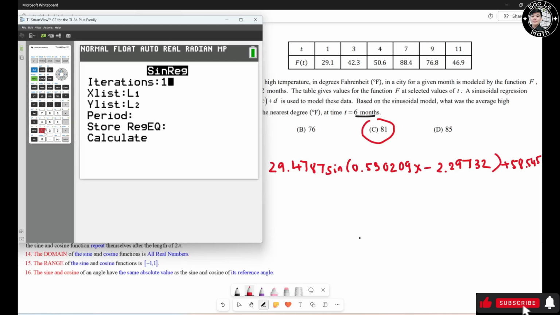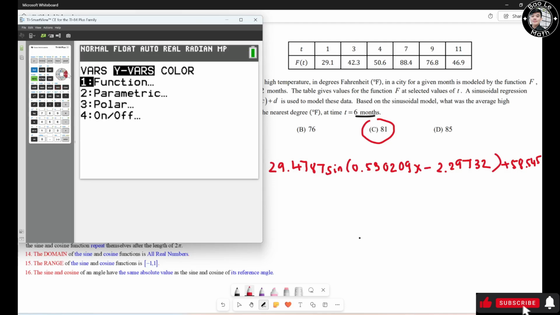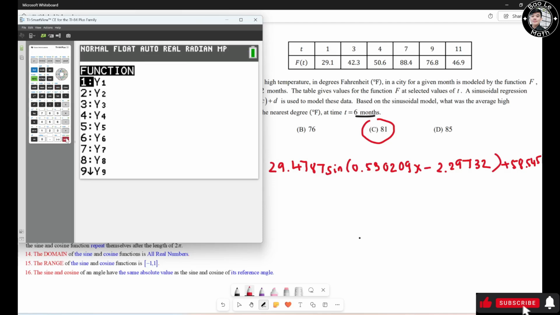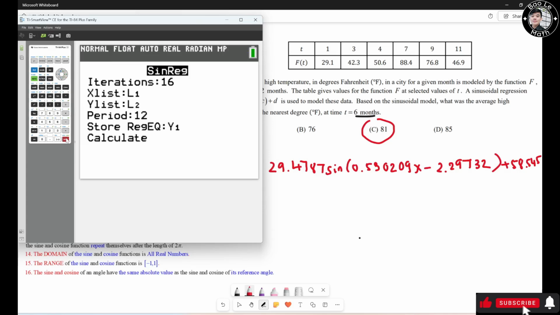So I put this one as 16 iterations, L1, L2, and the period right here, because this information repeats every single year, so I put 12 months. Now go to store, I hit vars, Y-vars, function, Y1, and go to calculate.